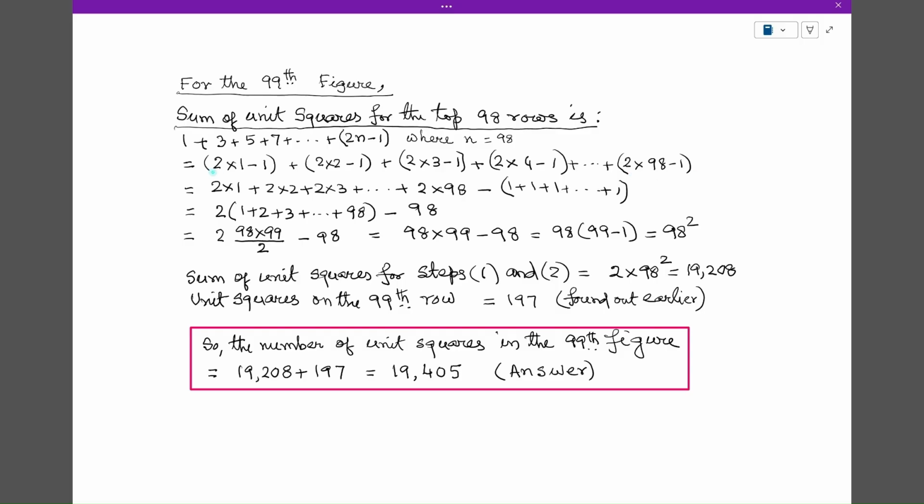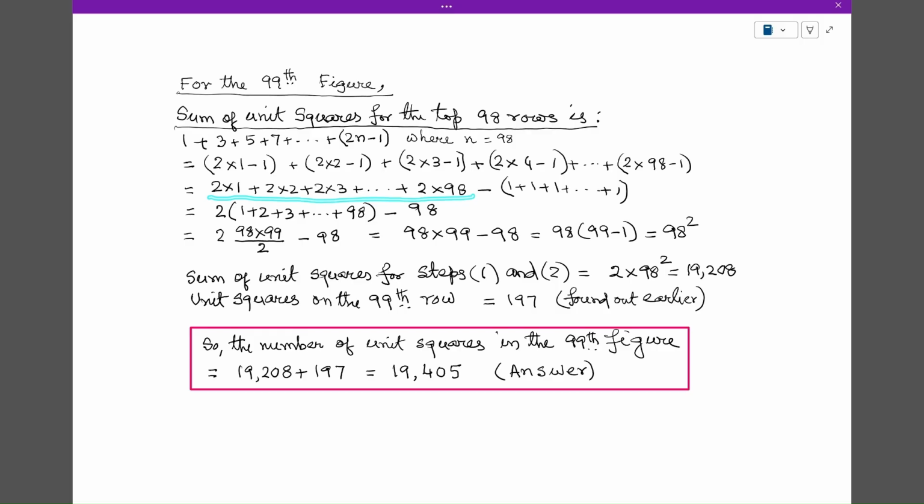Now, in each of these terms, you observe that there is a minus 1. We collect all the minus 1s at one place here, and the remaining terms we club together here.